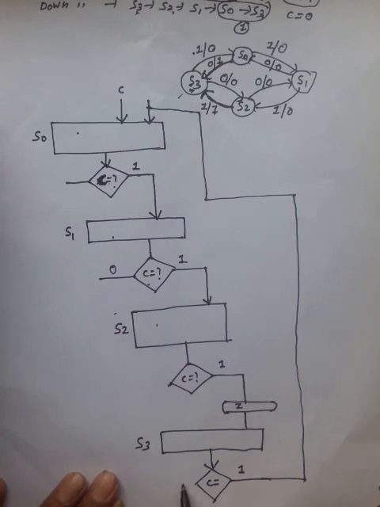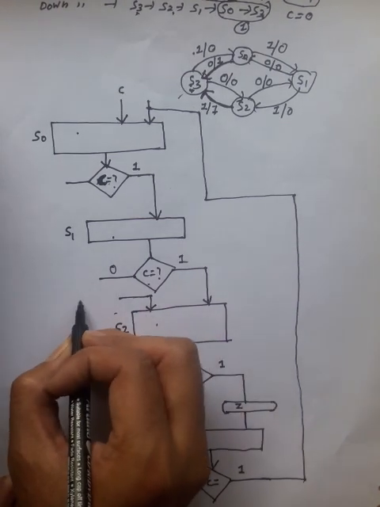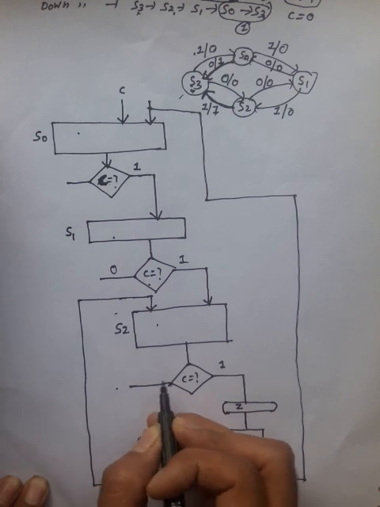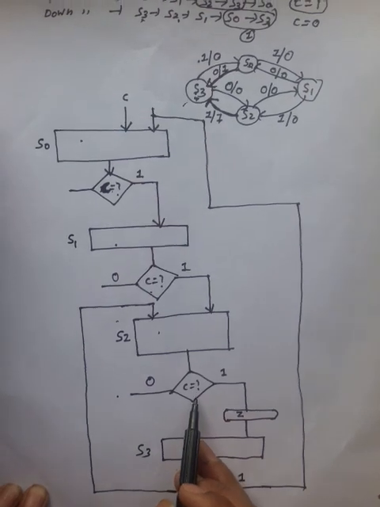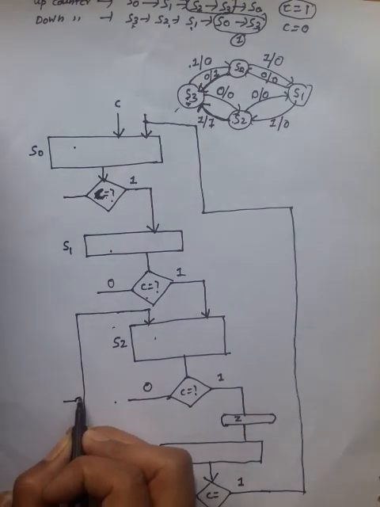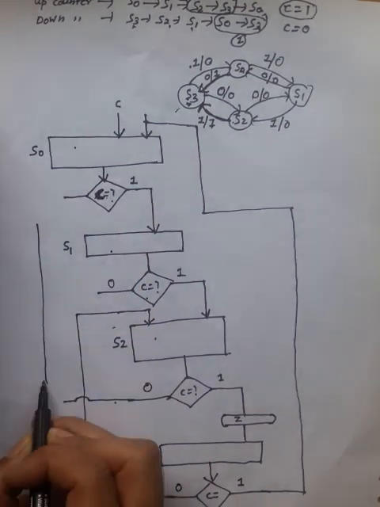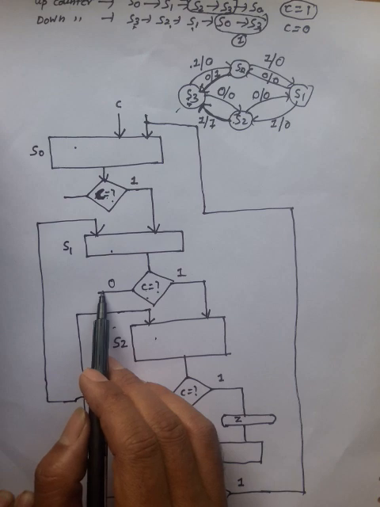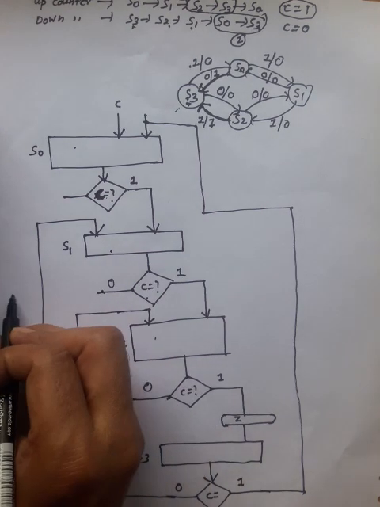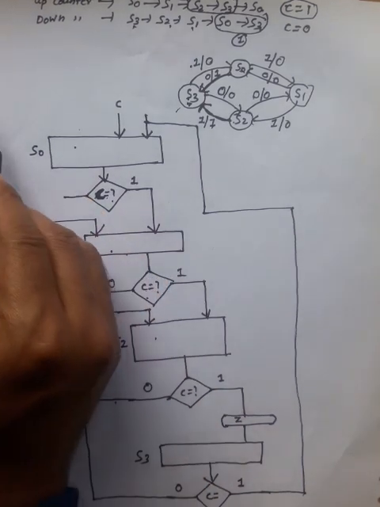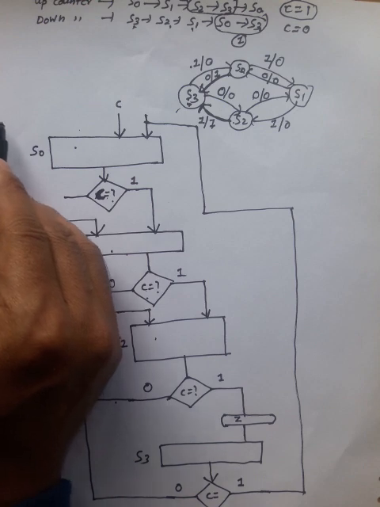Now check S2: when value is 0, from S2 it is going to S1. And when C equal to 0 in S1, it is going to S0. This is your S0.